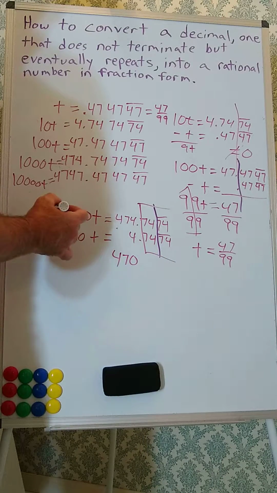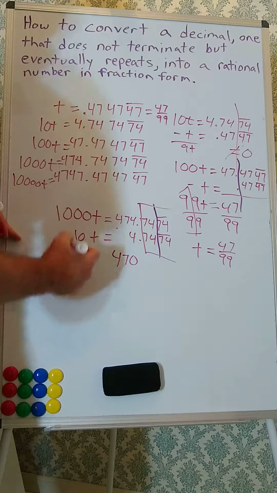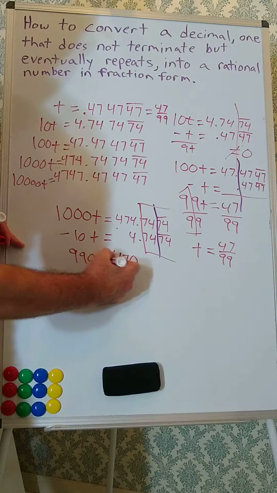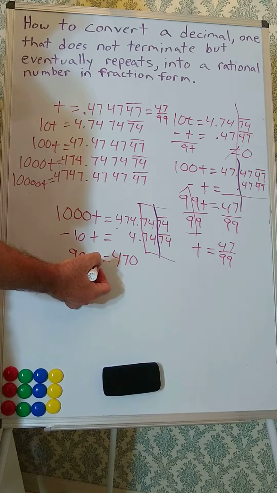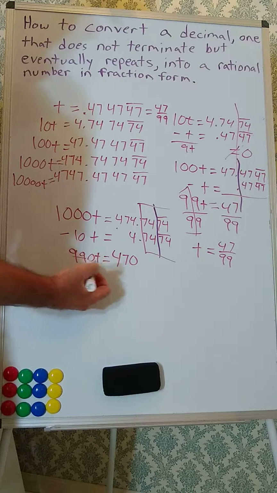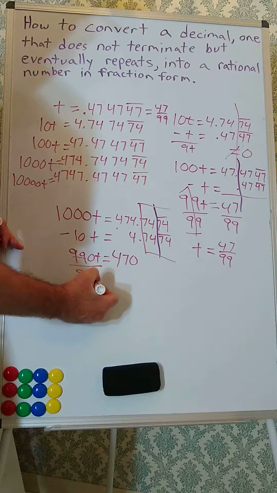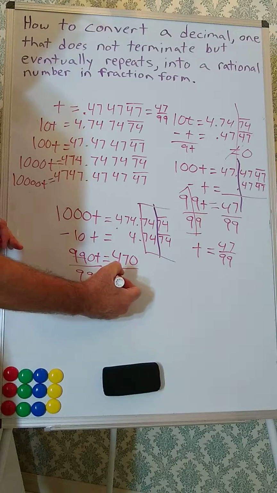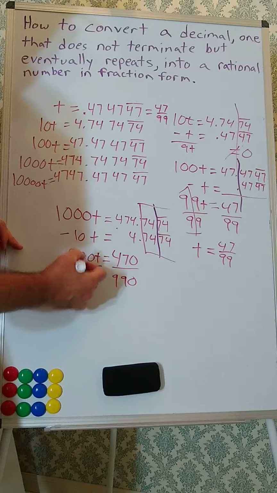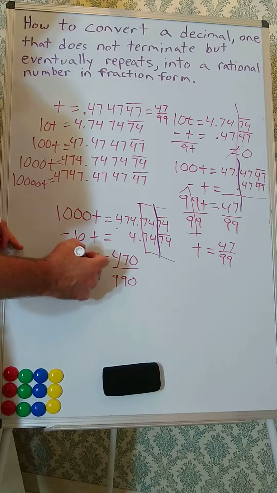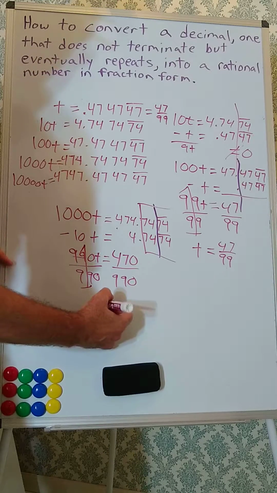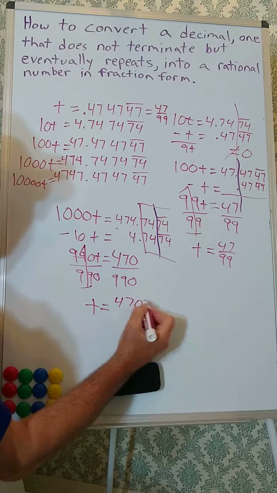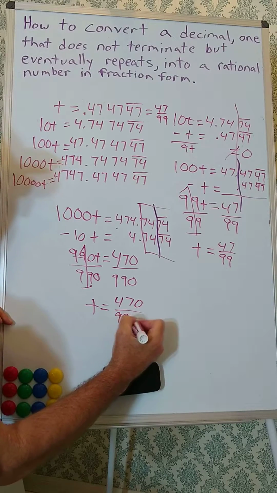And here, we take 10t away from 1000t, we get 990t. We want to undo multiplying by 990, so we divide by 990, we do the same thing on the other side, and that's one in disguise, so we get 1t, which is t, equals 470 divided by 990.